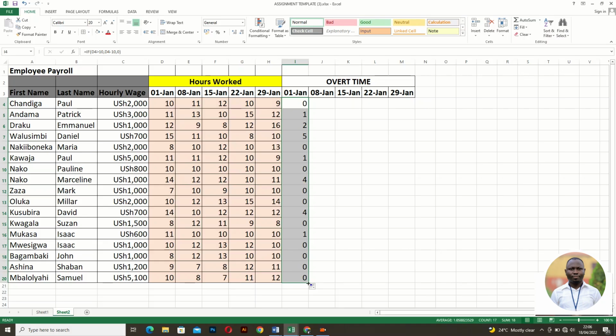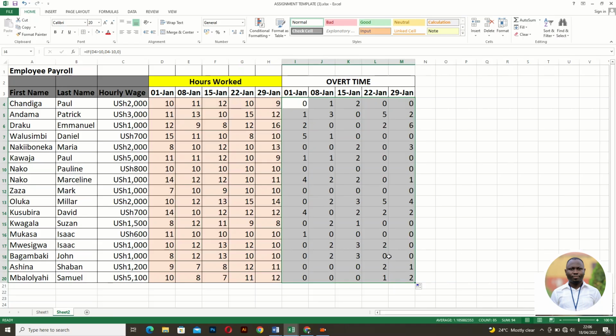Let's try to autofill also these other ones, and we see if it's going to give us correct values. When you press here, what happens? Let's see the formula. It is telling us if E4, which is this, which is very true. And when we press on this third one, it's looking at F4, which is this, which is very true.